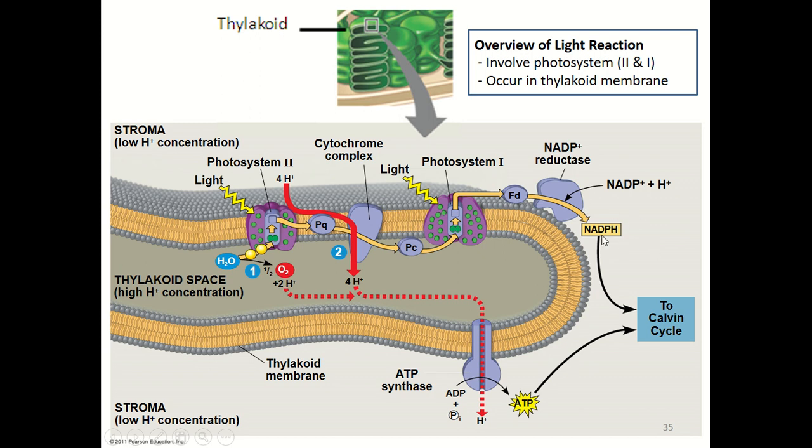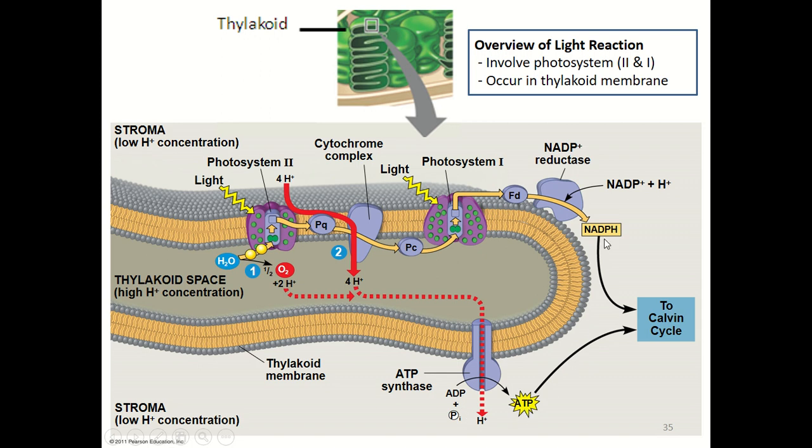So one product has been produced, and also oxygen, and the high concentration of hydrogen ions will go down to low concentration, and it will pass through the ATP synthase, thus producing proton motive force that will activate this ATP synthase to phosphorylate ADP and a phosphate group to become ATP.